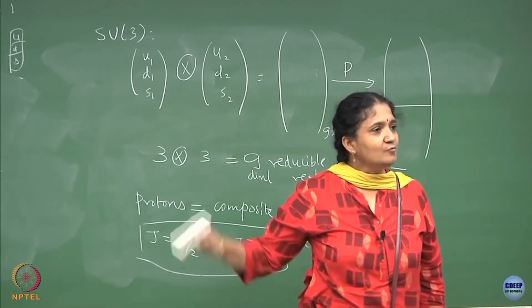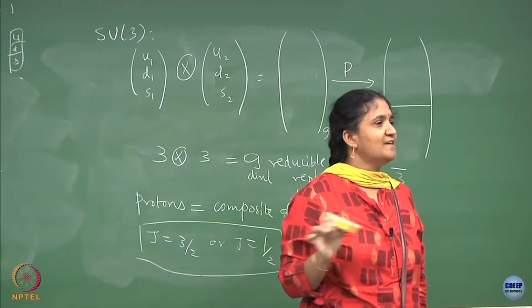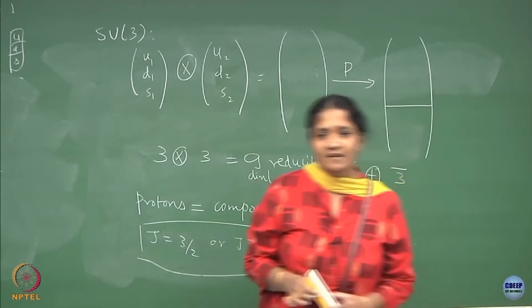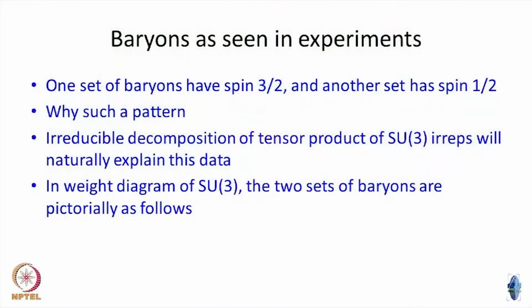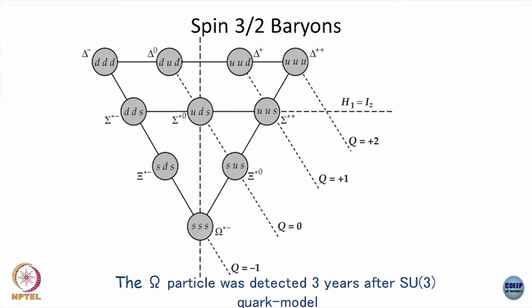Okay. So, this was a crucial part which Gell-Mann did. The reason why he did, let me get to the slide. Interestingly, our experiment did not have this particle. This omega particle at that time when Gell-Mann was doing his SU3 group to fit this data, all of these particles had spin 3 by 2.